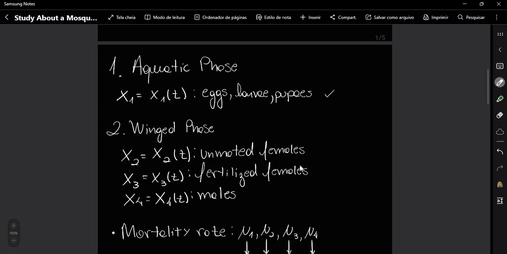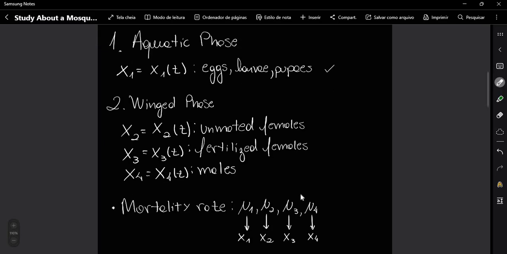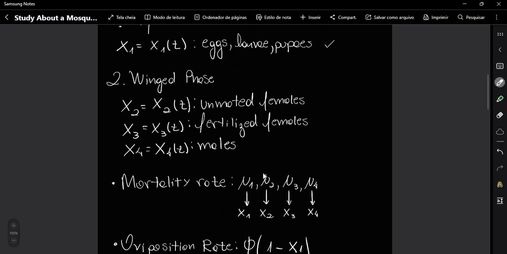On the aquatic phase, we got the variable x1, which represents the eggs, the larvae, and the pupae. On the winged phase, we got the variable x2, which represents the mated females.